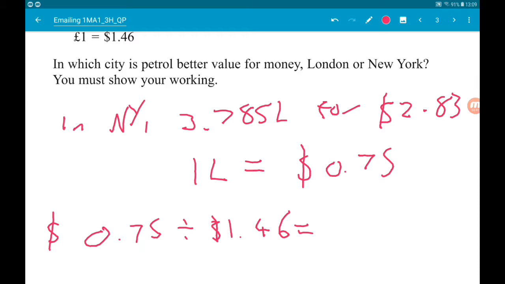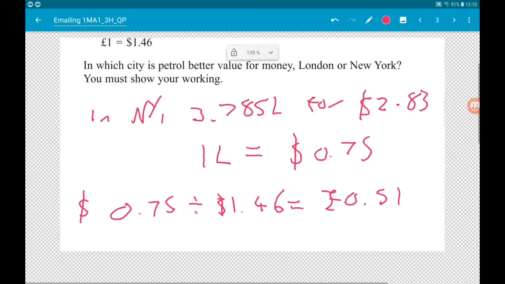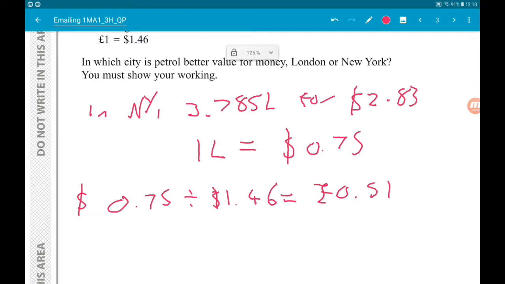Now if we do that, we get 0.51, and that is now pounds. So it's much cheaper in New York.